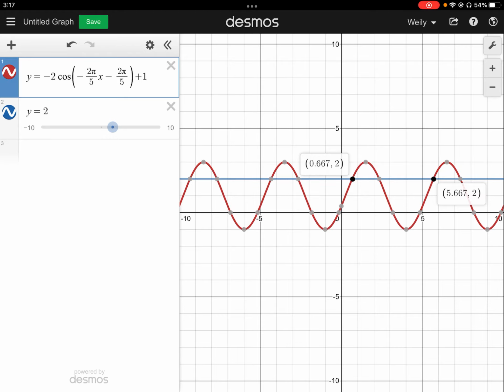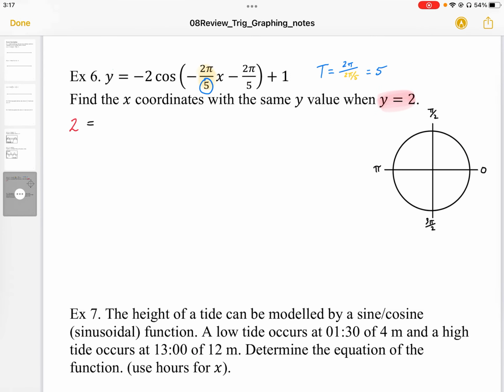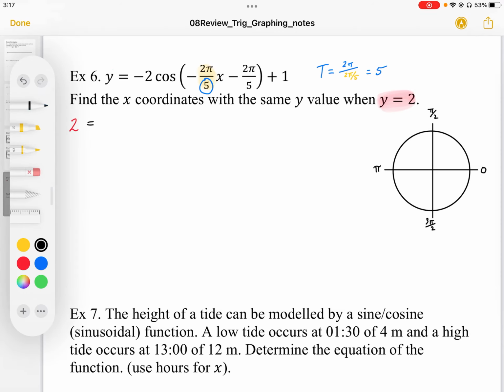We're going to make note of that because we're going to end up solving for how we can get that. So going back to my equation, I'm going to make my y equal to 2, and make that equal to my equation of -2 cosine of (-2 pi over 5 x minus 2 pi over 5) plus 1.